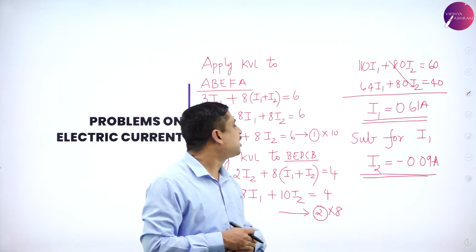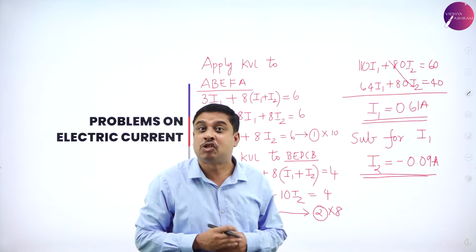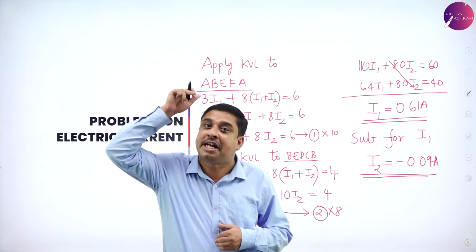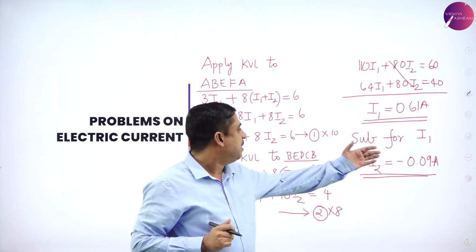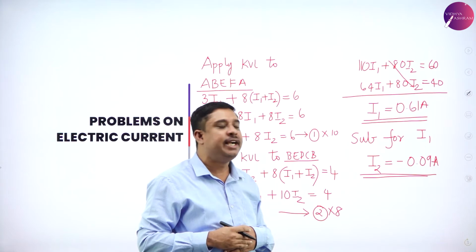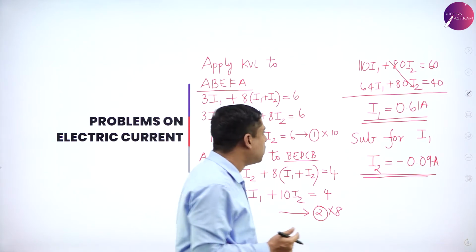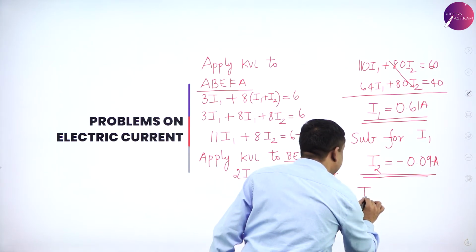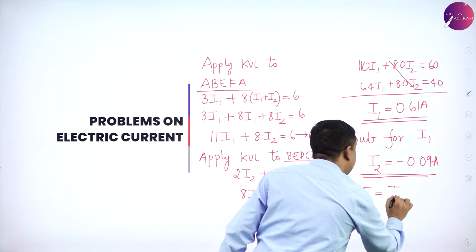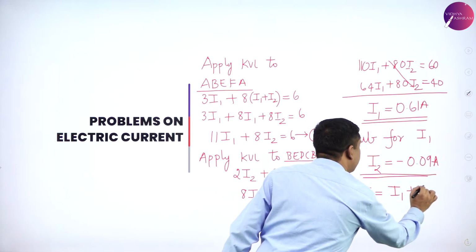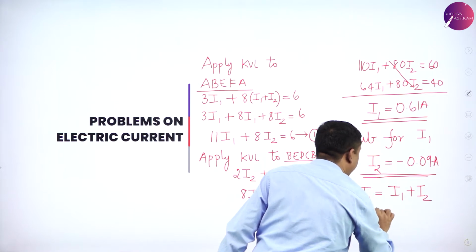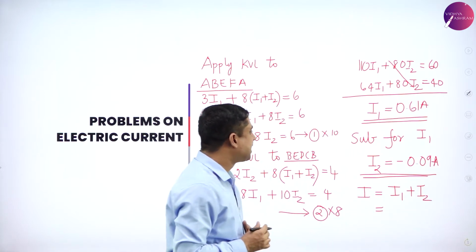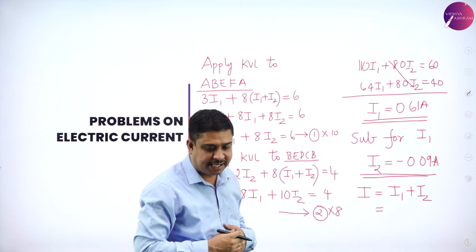Kirchhoff's laws are a set of conventions. It is not that direction of current should be as that. Mathematically, see, I2 is turning negative. So now, from this, I equals I1 plus I2, 0.61 minus 0.09.